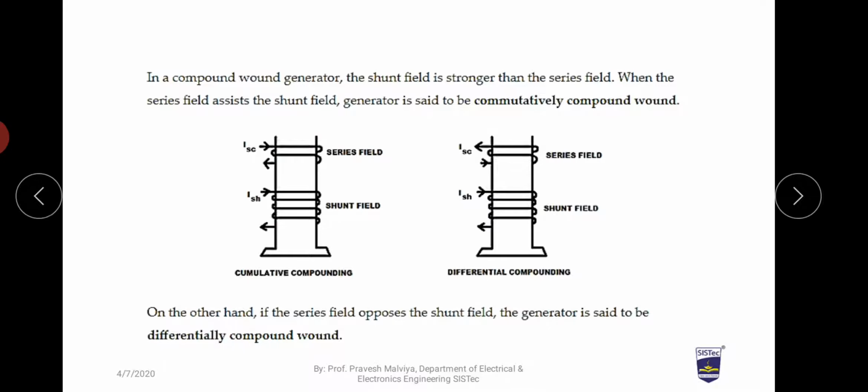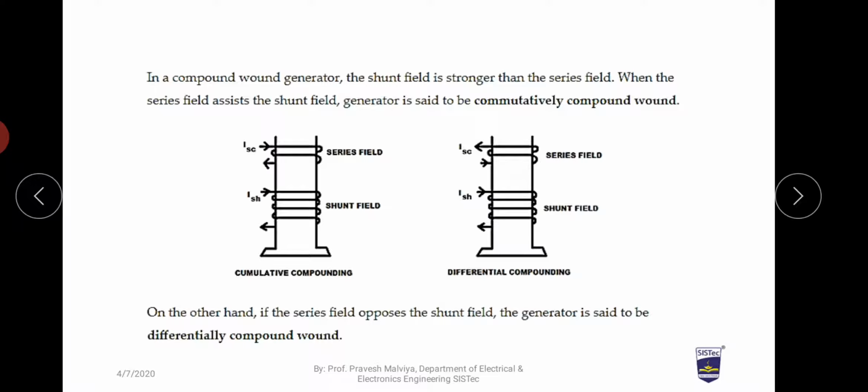But the flux has a definite direction, and that depends upon the direction of current flowing in the winding, or the way the conductor has been wound over this core.